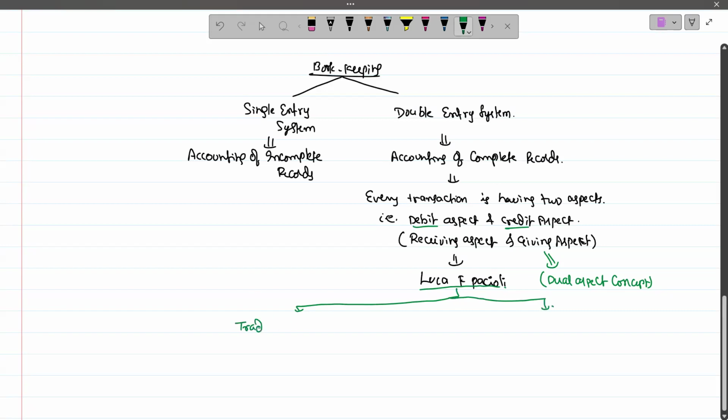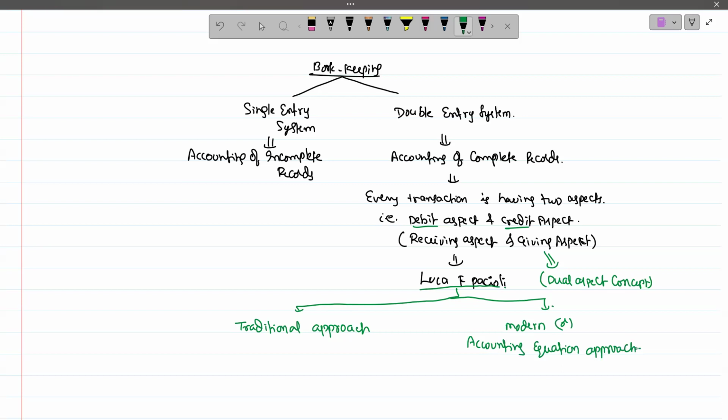One is the traditional approach and another one is the modern or accounting equation approach.